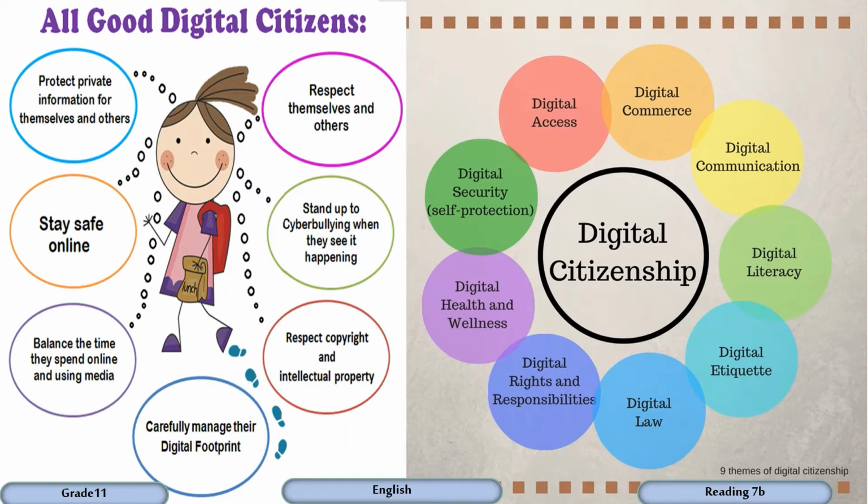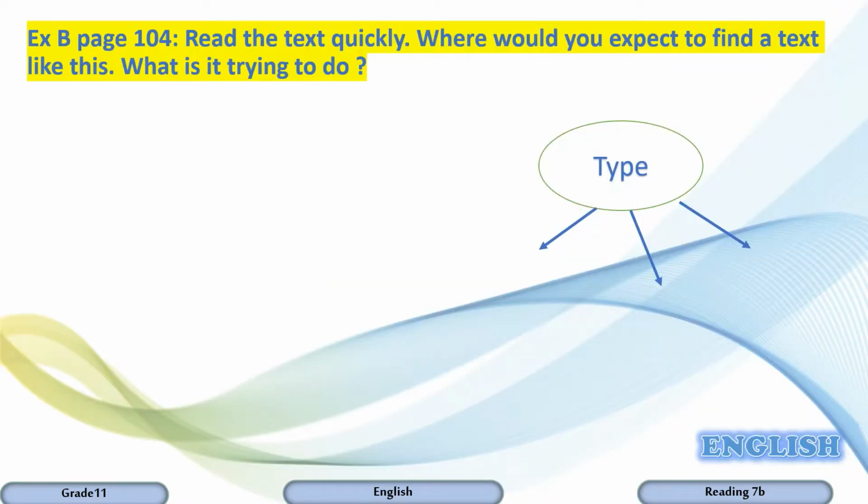So this is about how to be a good citizen, but online, not in the real world. It's to protect private information, respect themselves, stand up to cyberbullying when they see it happening, respect copyright, and carefully manage their digital footprint, so the balance of the time you spend online and using media, and to stay safe online.